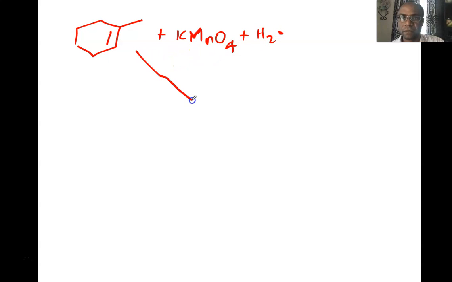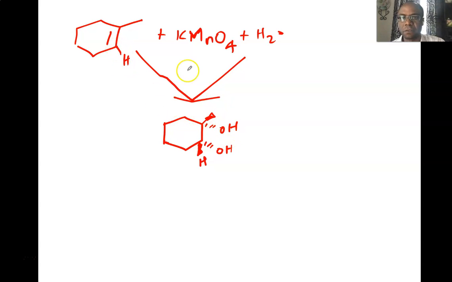The product of this reaction will be a diol, which means 2 OHs attached to the molecule. You'll either add the OHs from the bottom, where the pre-existing groups are flashed up. There's a hydrogen here. That's what I'm calling pre-existing. These are CH3. The CH3 is now flashed up.